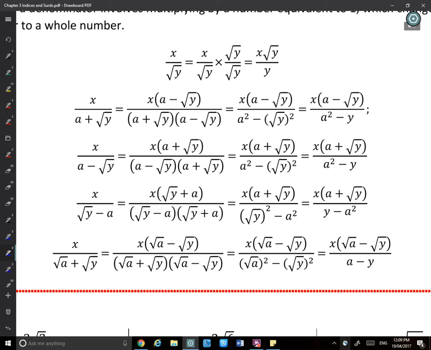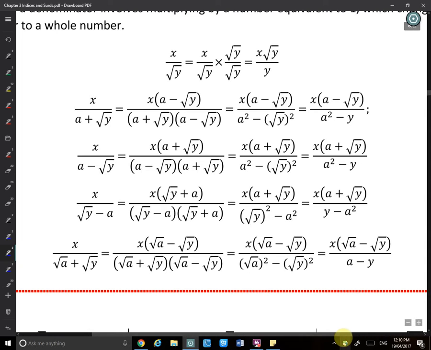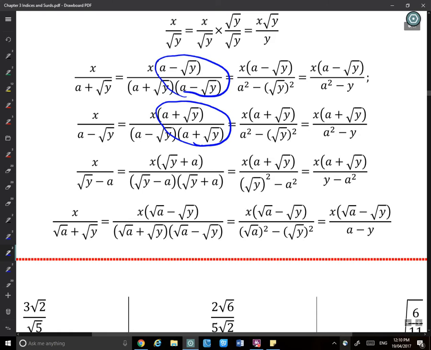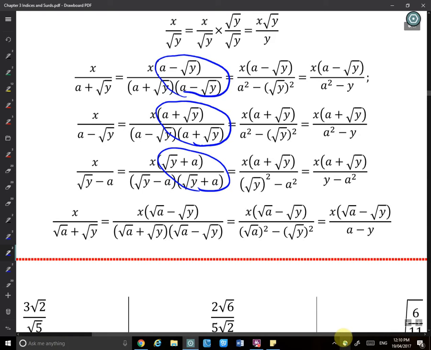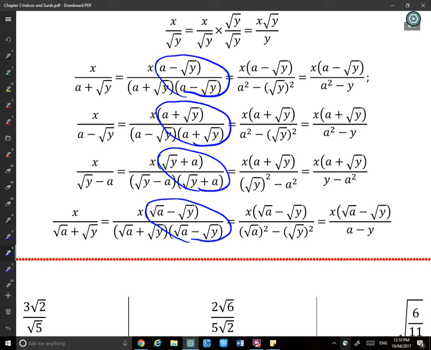What you need to do is change the sign in the middle. A plus root y, you multiply by a minus root y. A minus root y, you multiply by a plus root y. Root y minus a, you use root y plus a. Root a plus root y, you use root a minus root y. That's it, just change the sign in the middle.